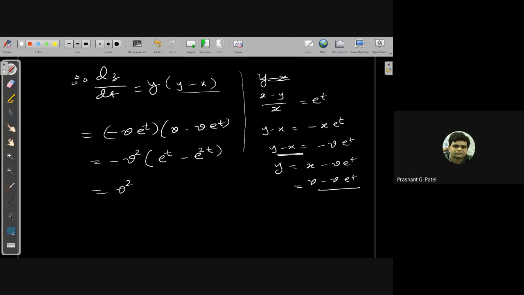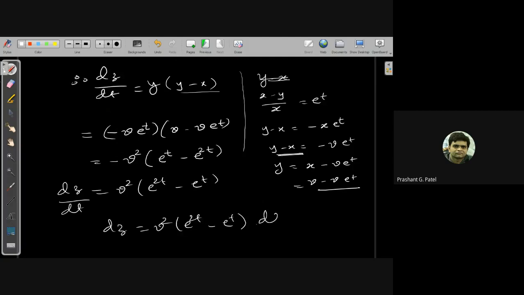So finally it is v square e power 2t minus e power t, that is equal to dz by dt. If you integrate this with respect to t, then dz is equal to v square (e power 2t minus e power t) into dt. Now integrate.